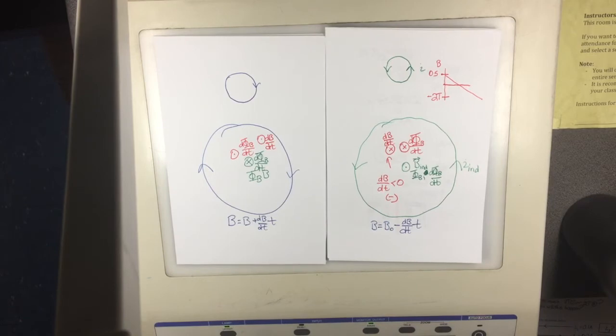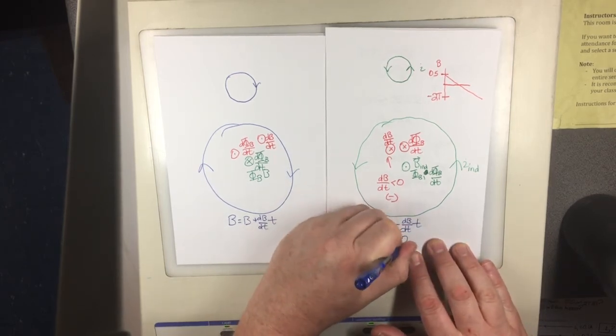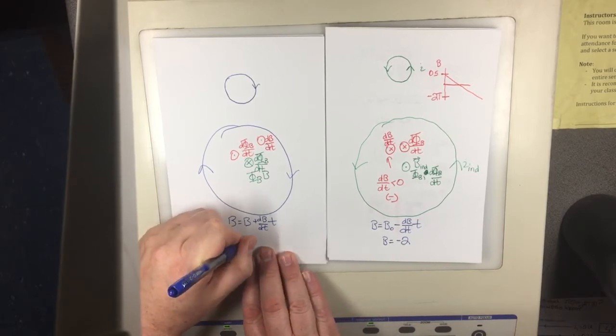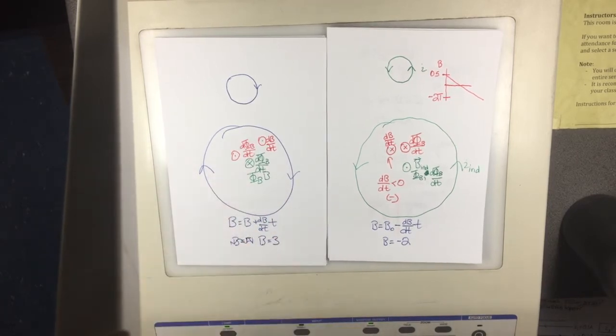If the current is reversed, then you're going to have a plus sign. In this case, the B final would be -2. In this case, the final B would be, according to the rules, 3.